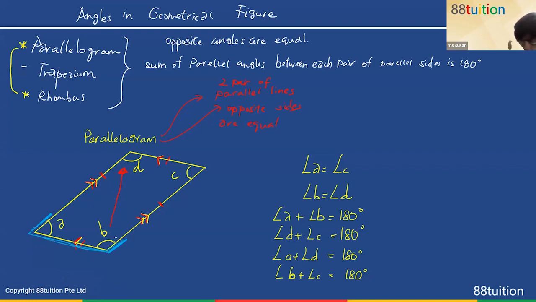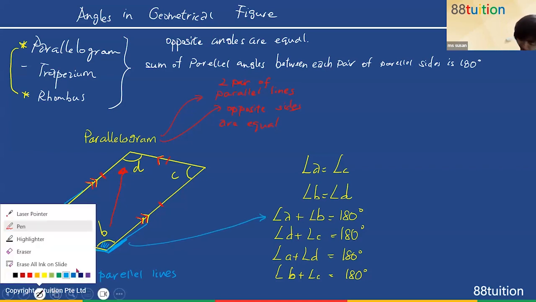This shape, right? So when you have this shape, this is a parallel line, right? If you look at this parallel, angle A and angle B are in between two parallel lines. So these angles must add up to be 180 degrees. Okay, so A plus B equals 180 degrees.